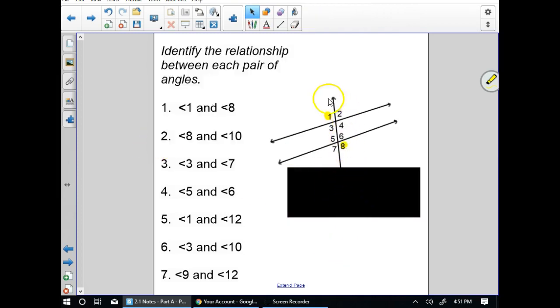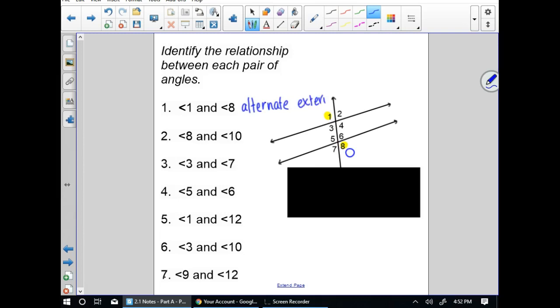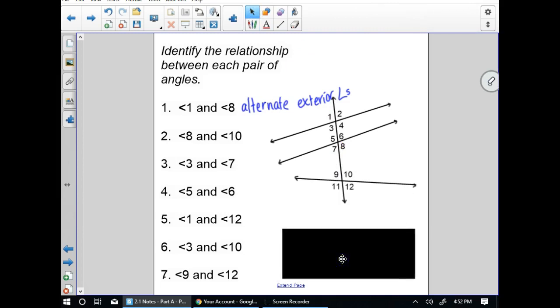Angle 1 and angle 8, these are both on the outside of the 2 lines and on opposite sides. So these are what we call alternate exterior angles. Next, we're asked to look at 8 and 10. Let me move my black rectangle here. 8 and 10 are right here.